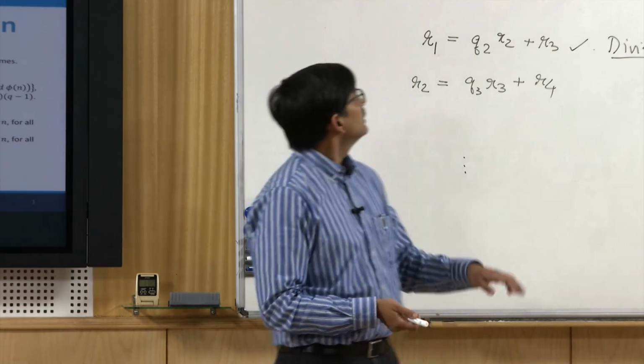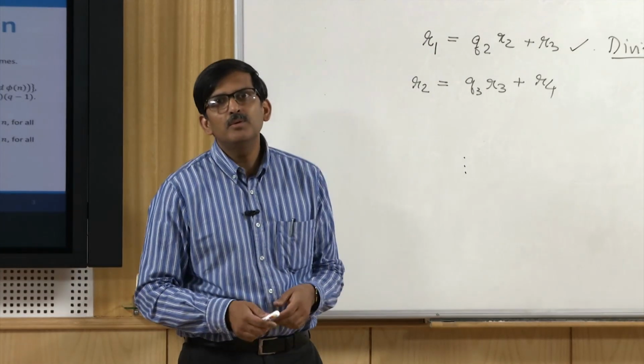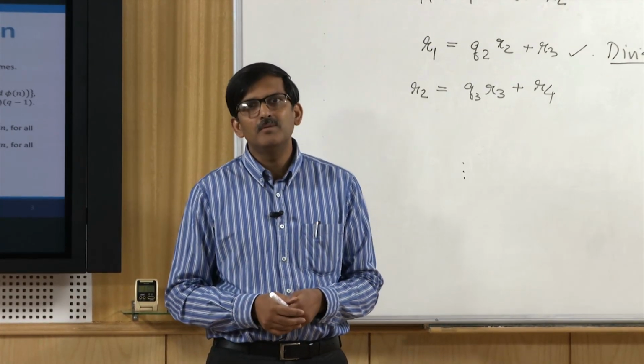In this case, the largest number involved is phi n, that is p into q. So, the number of bits involved is going to be 2 times log of p.